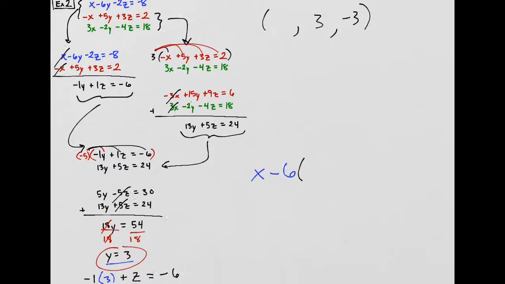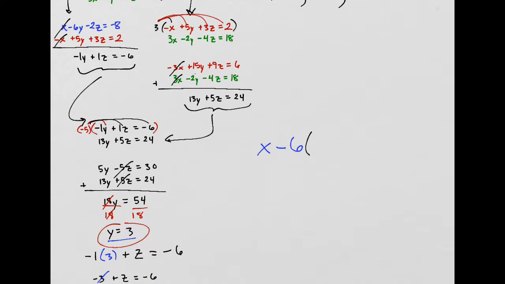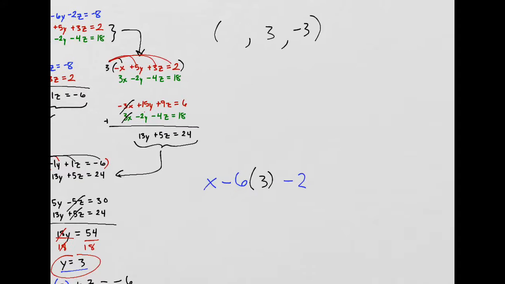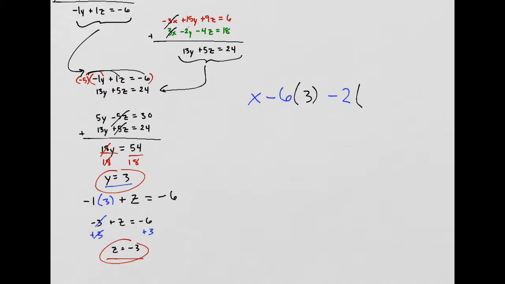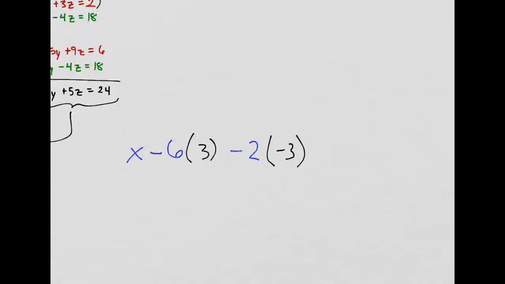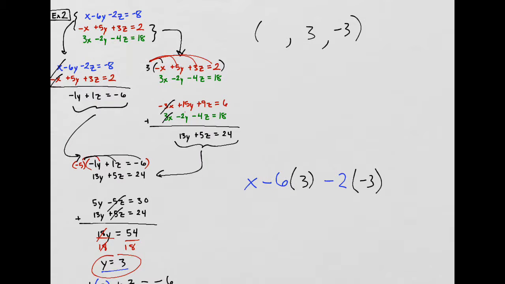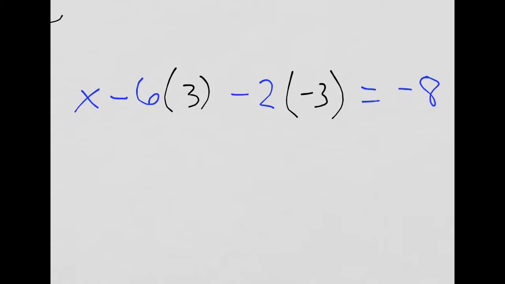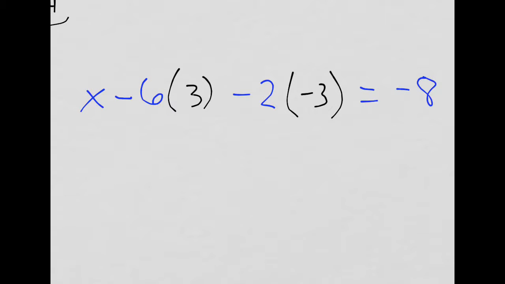Well, what's y? y was 3. Minus 2 times z. What's z? -3. And then equals -8. All right, now let's simplify and get x all by itself.